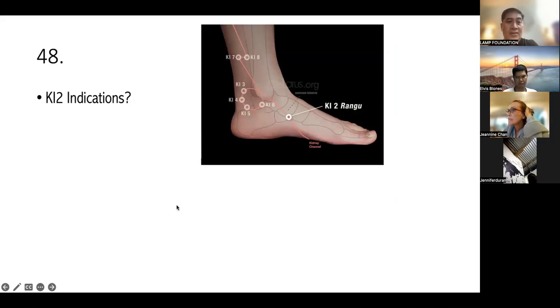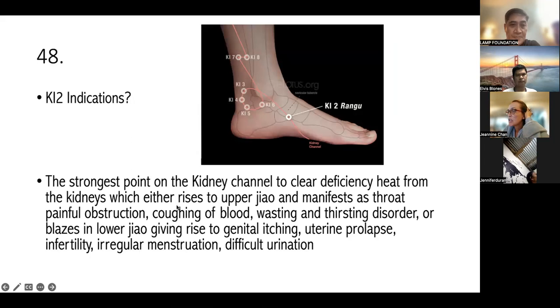Can you tell us about kidney 2 po? Okay. Ang indication po ng kidney 2, normally mga irregular menstruation po or diabetes po, diarrhea. Okay.